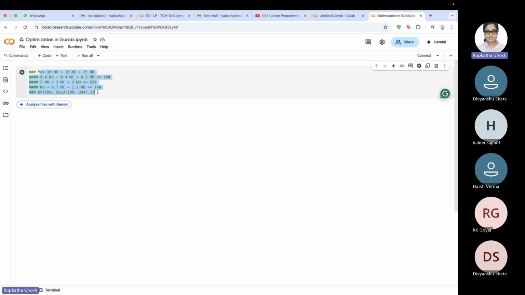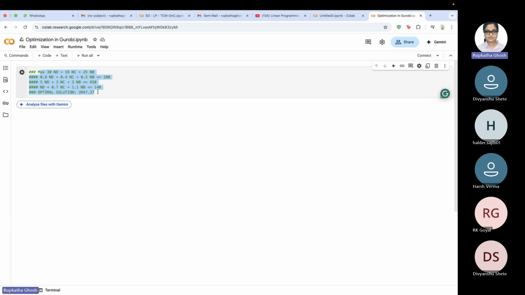As you can see, 30, 16, and 25 are the profits associated with manufacturing each of these products. And the first one was a machine hour constraint, where basically desks require 0.8 machine hours, chairs require 0.4 machine hours, and the total available machine hours was 100.